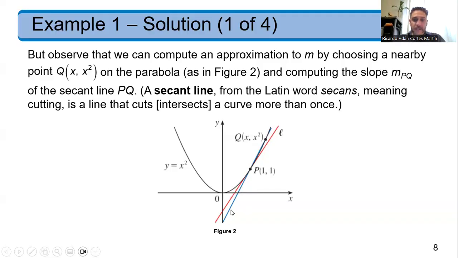And the blue line is a line that connects point Q with point P. Since this is a secant, what happens if I start putting these 2 points together more and more? It looks like it's going to be more similar to the tangent line, the red line.